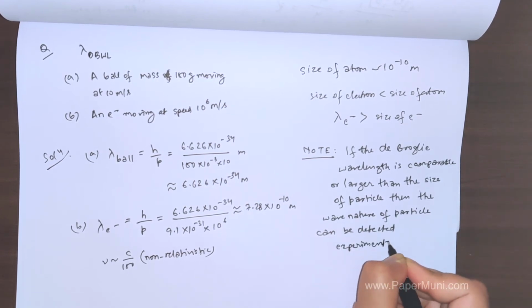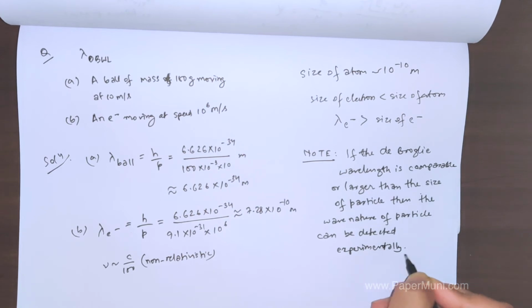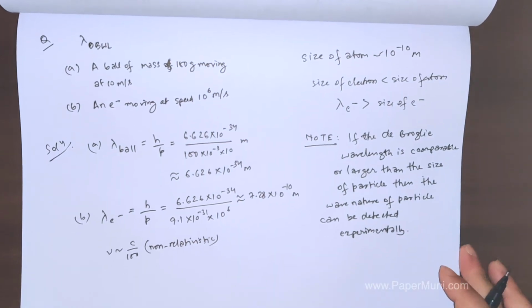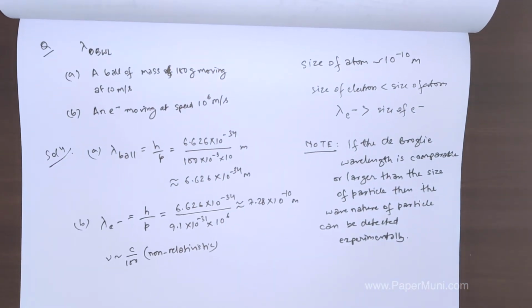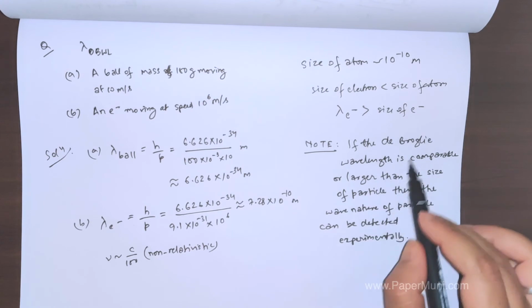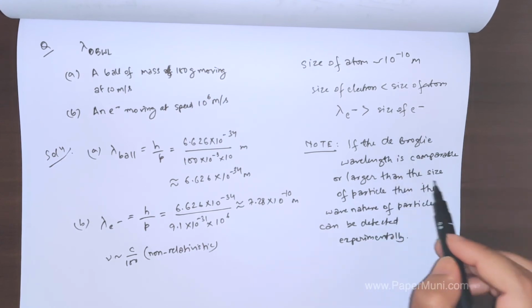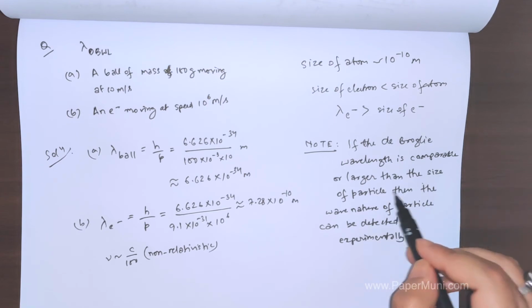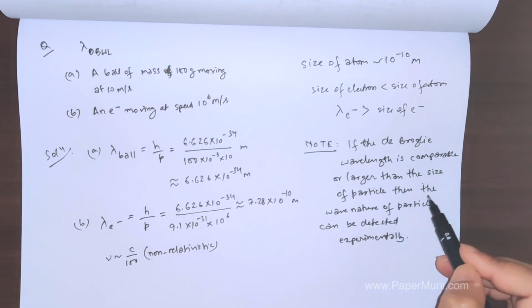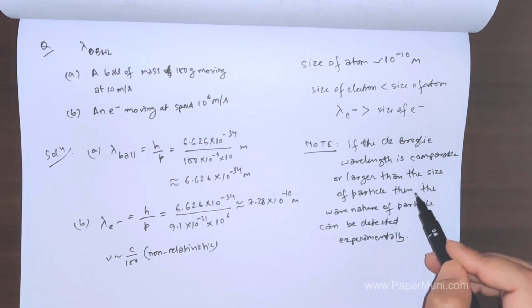So for whatever object we are calculating for, if you want to see wave behavior, the wave behavior can only be detected experimentally when the calculation of the de Broglie wavelength gives us a result which is larger than the size of the particle, or of the order of the size of the particle.